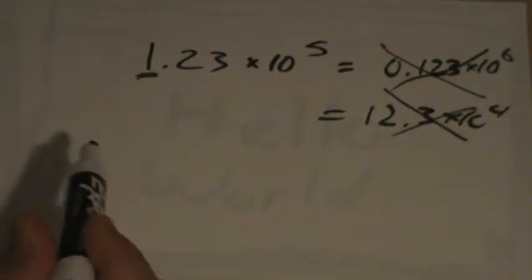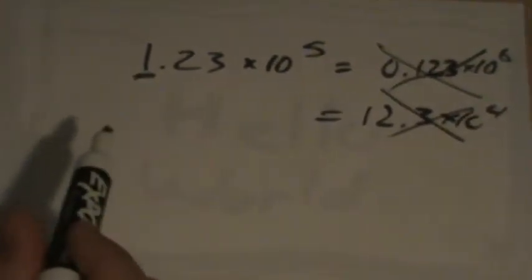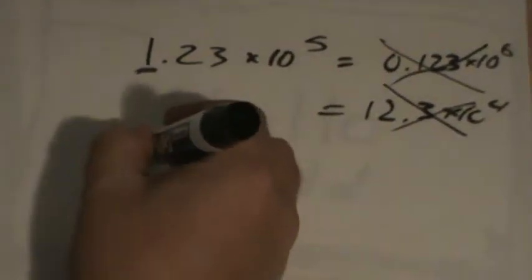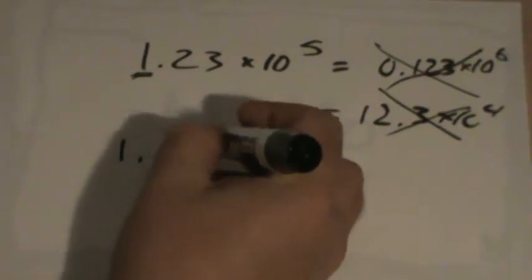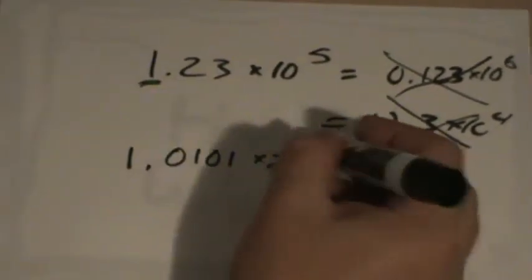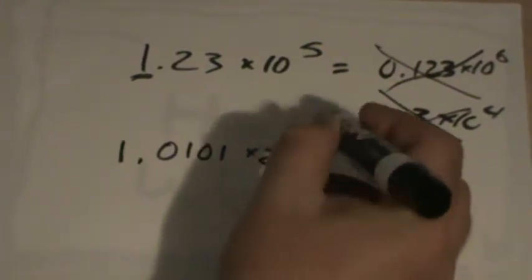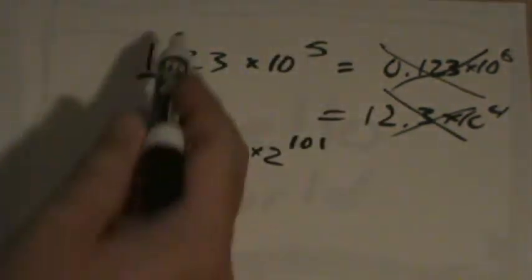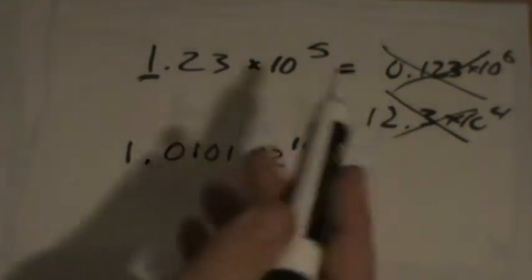Now when this goes to binary, this creates a pretty nice little situation. Let's imagine we had a binary number, 1.0101 times, now our base is 2, 2 to the 101. Now, this is 5, but don't think I'm trying to say that's significant; I'm just picking some numbers at random.